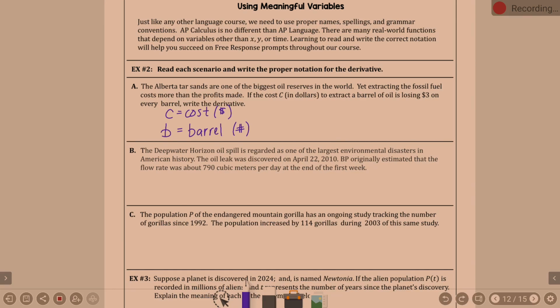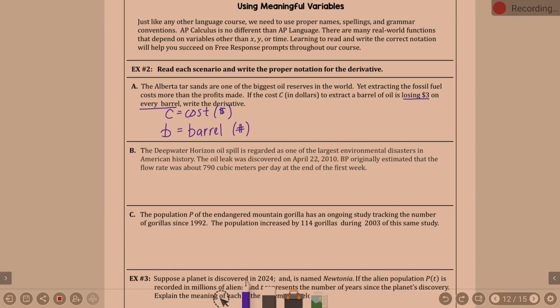Now, thoughts of how I can write this? Cost is $3. And I would look at losing $3 every barrel, yes? That's kind of a hint there.